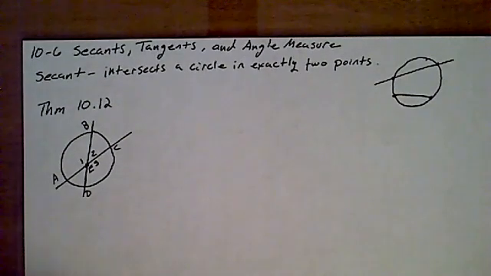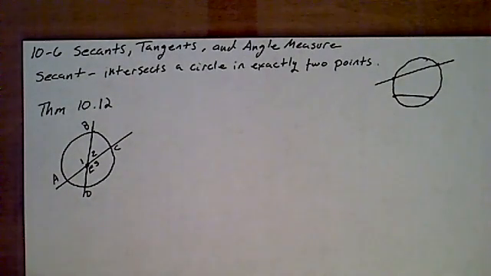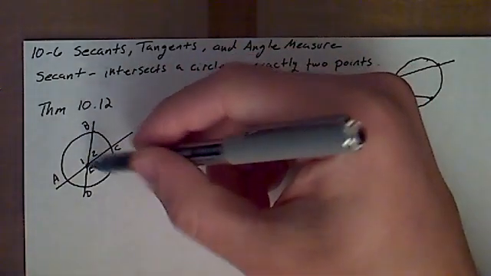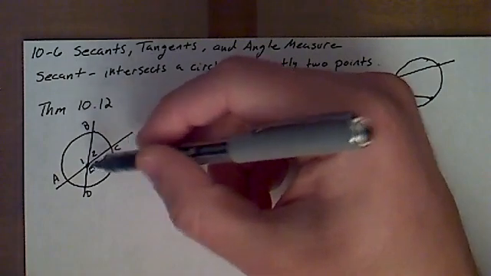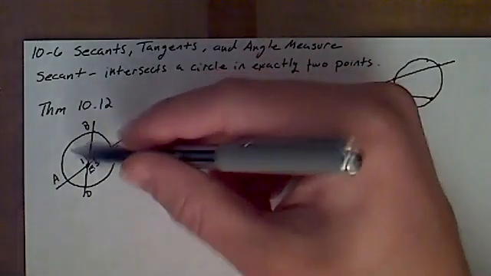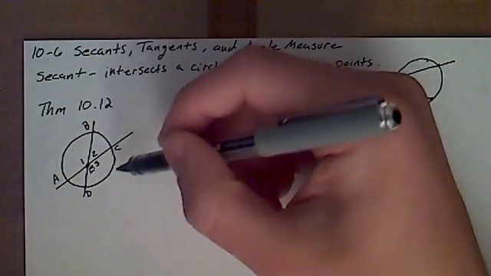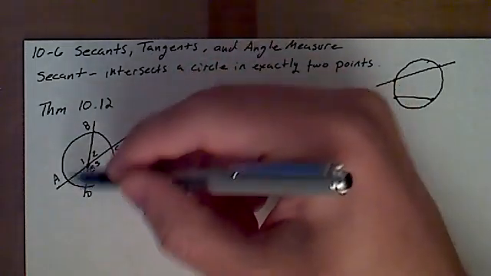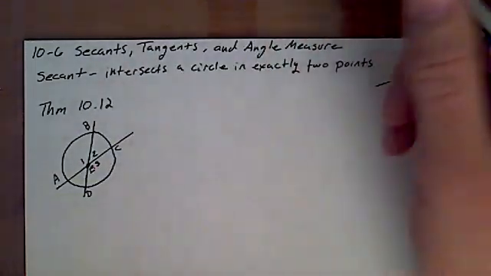But the problem there is that angle 1 and angle 3 have the same measure because they're vertical angles, and here it might look like they're the same, but I think if we were honest, it does look like AB is bigger, right?